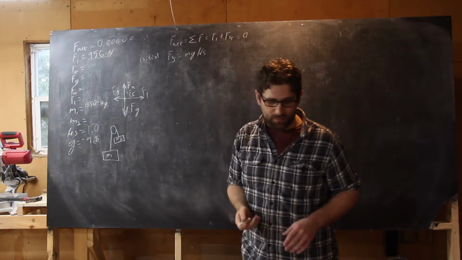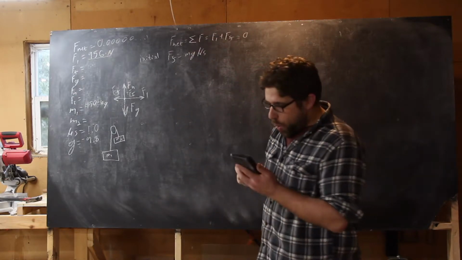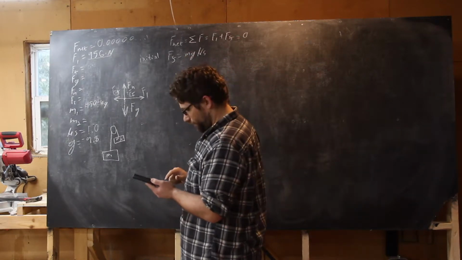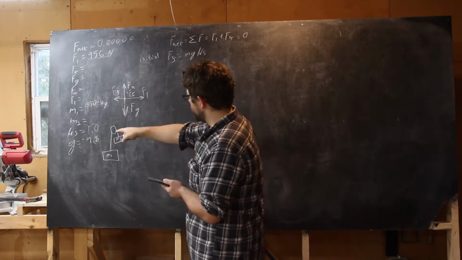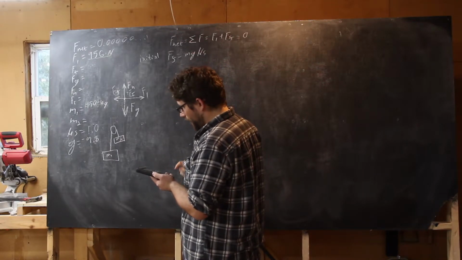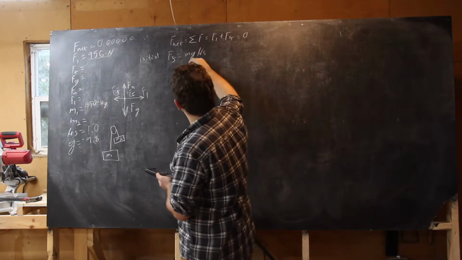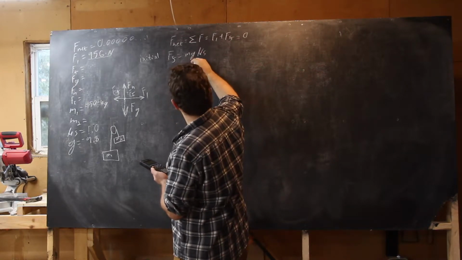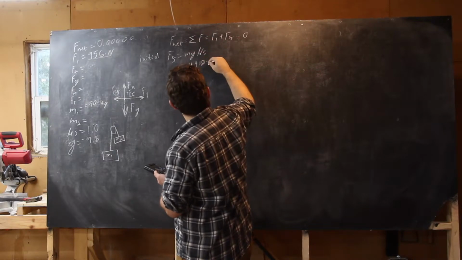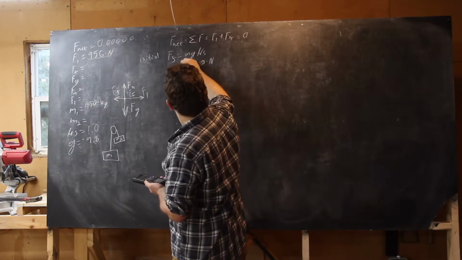Should really get better at writing mu. It'll come with time. So, mass is 450 times gravity, negative 9.8, times 1.0. So my force of friction right now is negative 4,410 newtons. That's a lot.